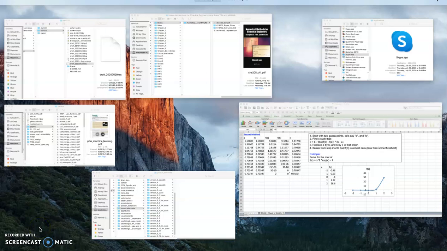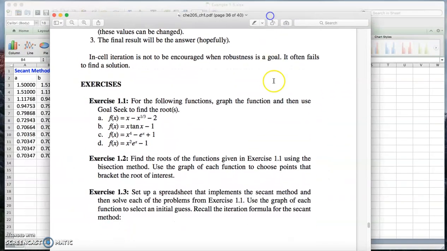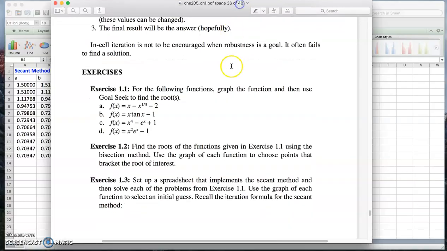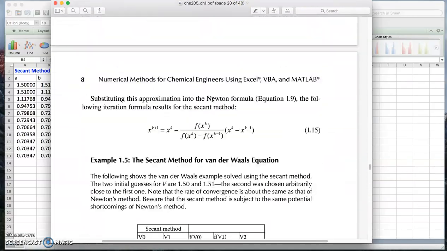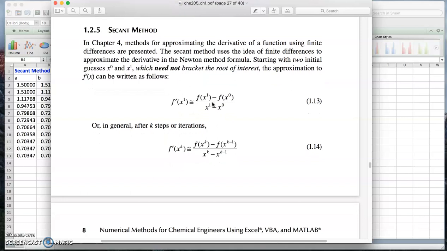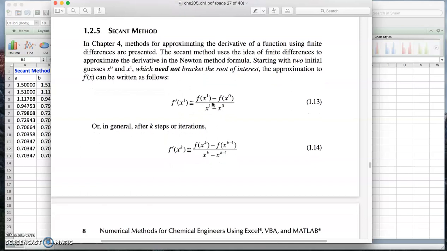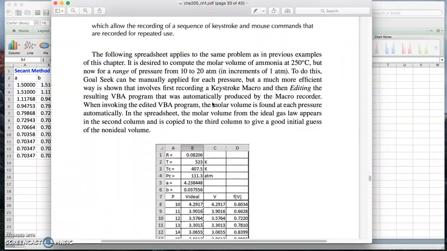This is chapter 1, section 1.2.5. The example that I'm going to solve in this video is one of the end of the chapter problems.